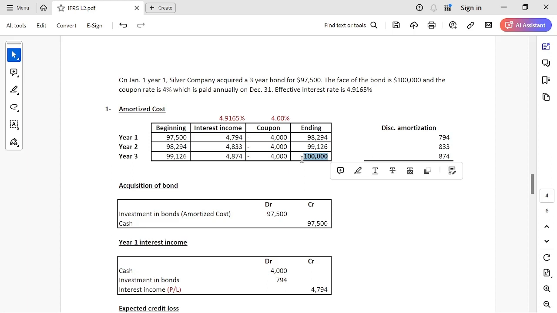So any amounts in OCI are going to be reversed. We will debit or credit the OCI and debit or credit the investment to reach 100,000. So nothing that has accumulated in OCI is going to be relevant in such a case. Again, no effect on profit or loss. All the effect on profit or loss using the amortized cost method or fair value OCI is going to be the same.